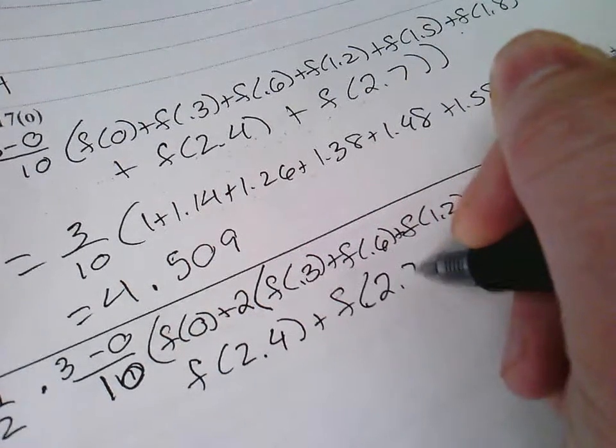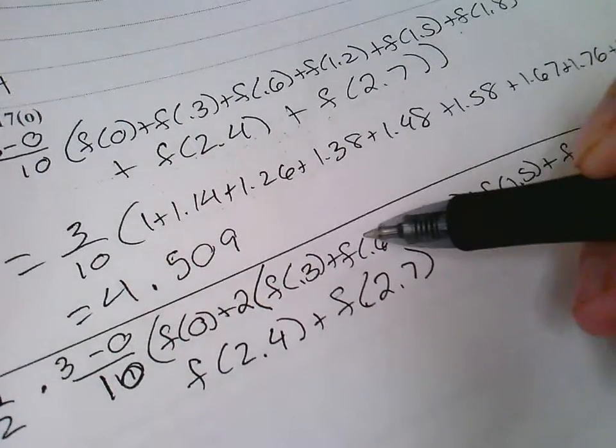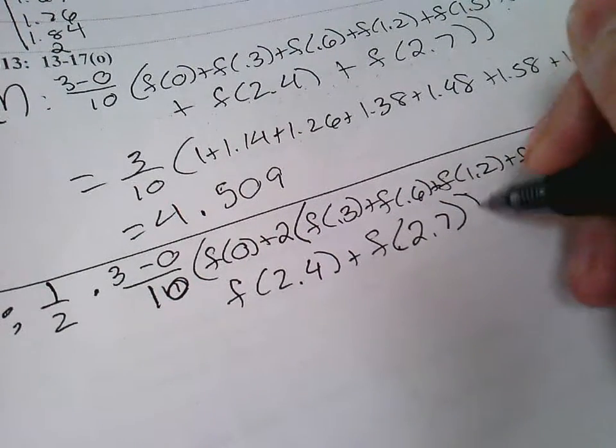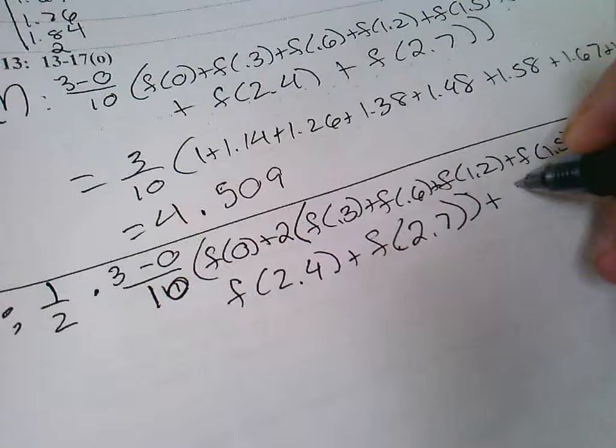Okay, so that's everything in between being multiplied by 2, plus f of 3, and then close your parentheses.